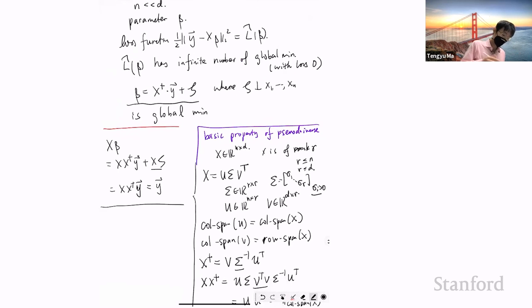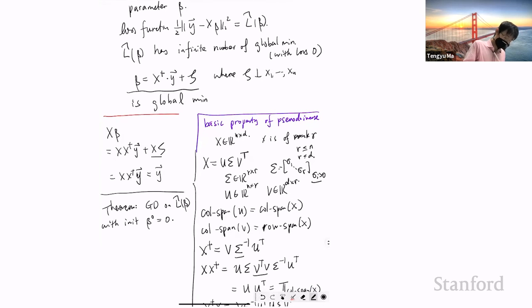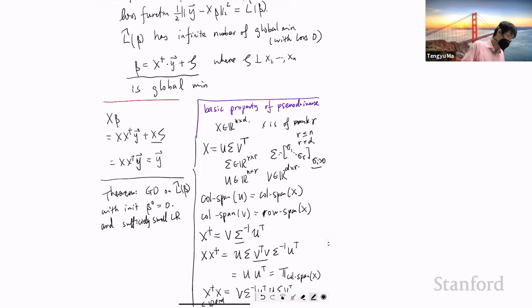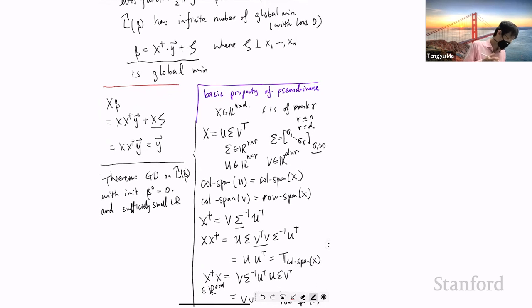So my theorem is that gradient descent on L hat of beta with initialization beta 0 equal to 0, and sufficiently small learning rate, actually you know exactly how small it is, I just don't want to give you too much jargon.